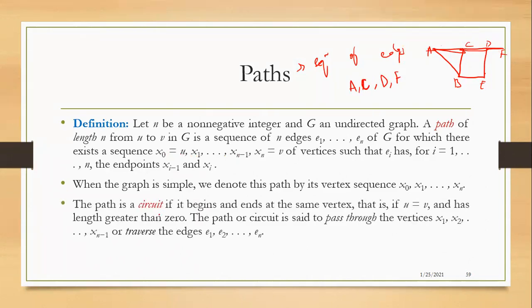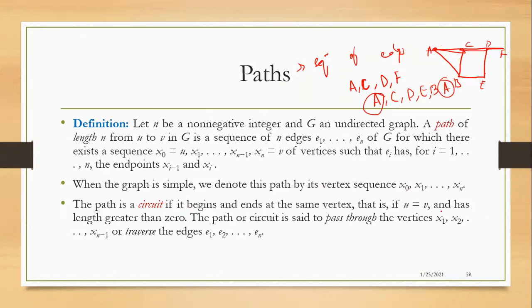And the path is a circuit if it begins and ends at the same vertex. So if your path begins at A and again you come back to A, suppose A, C, D, E, B and A. So from here you are going to C, then D, then E, then B and A. When you are traveling in this way where your initial and terminal vertices are the same, then that path is a circuit.